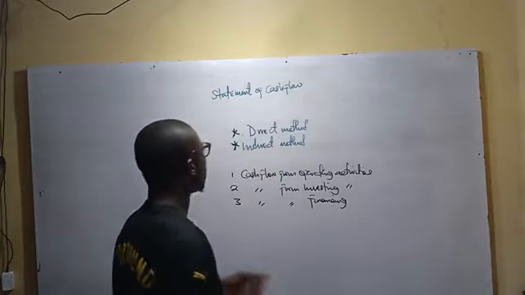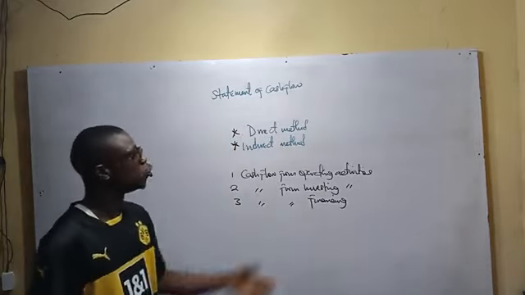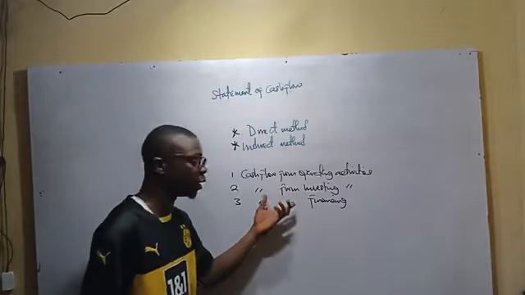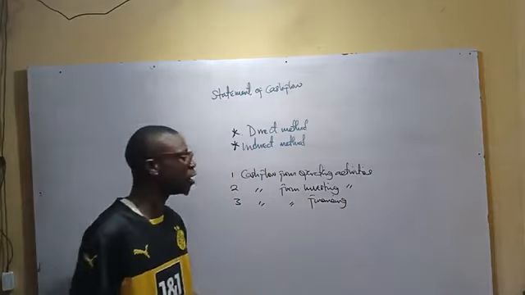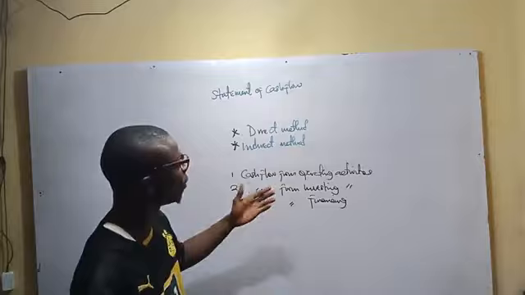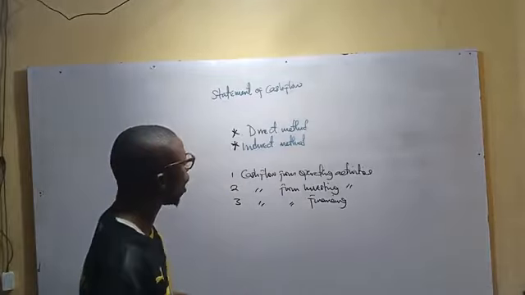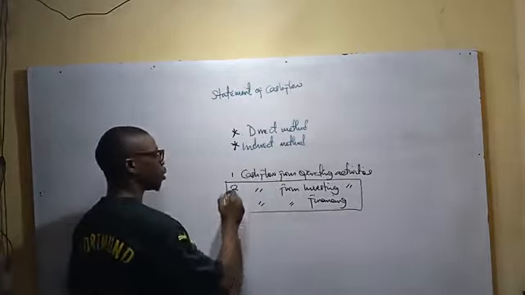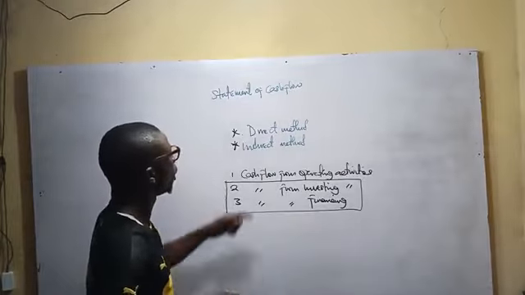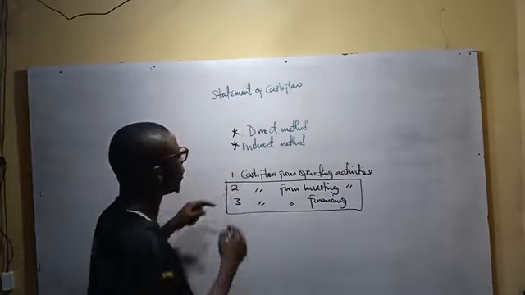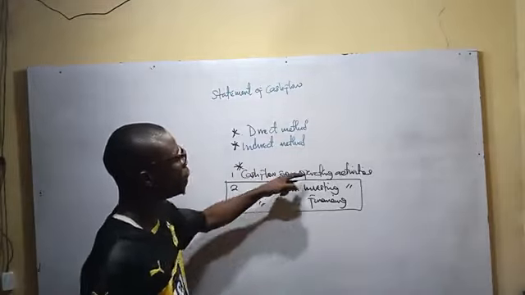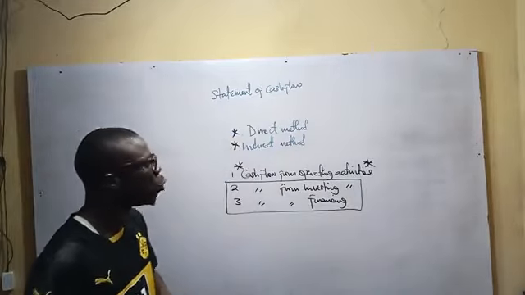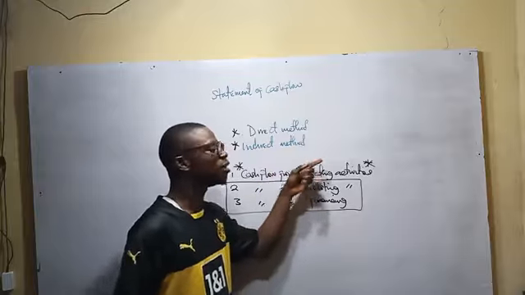Now, I told you that under either of the two, all cash inflow and cash outflow is grouped into three: operating activities, investing activities, and financing activities. However, the difference between direct and indirect is cash flow from operating activities. That means the way you calculate your cash flow from operating activities is different.